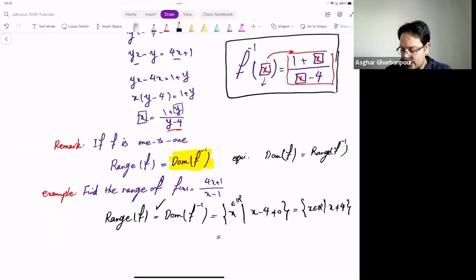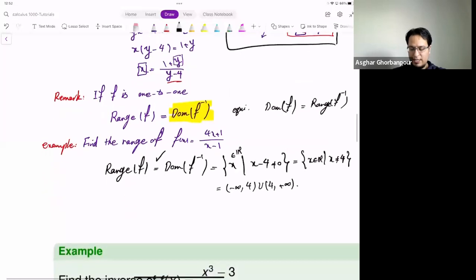If you want to write it in interval notation, this is the notation that you will get for the range. So that's another way. Sometimes finding f inverse is not easy itself, but if you know f inverse of a function, you can find its domain, and that's going to give us the range of the original function.